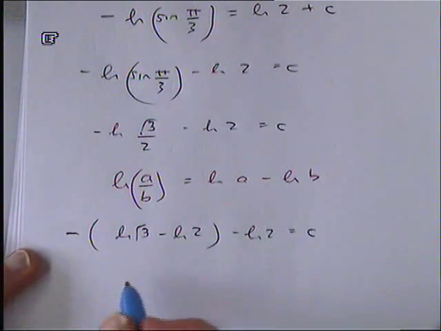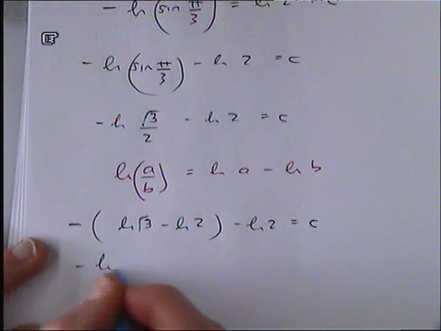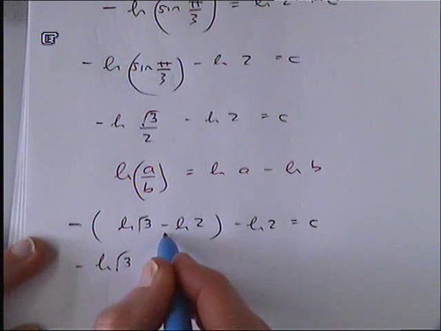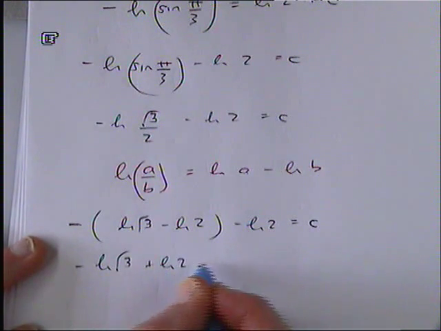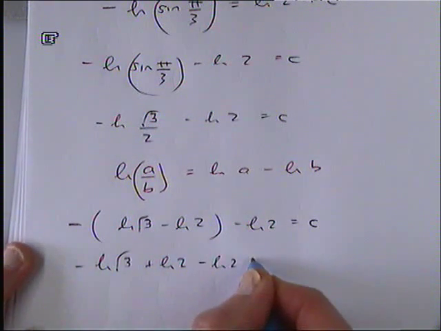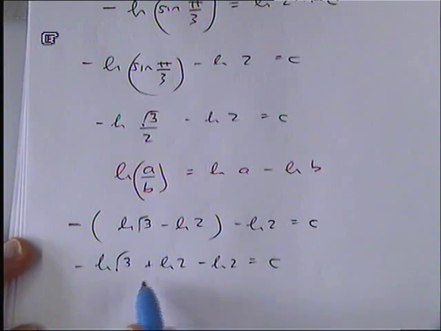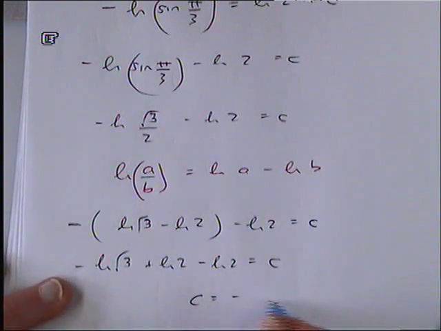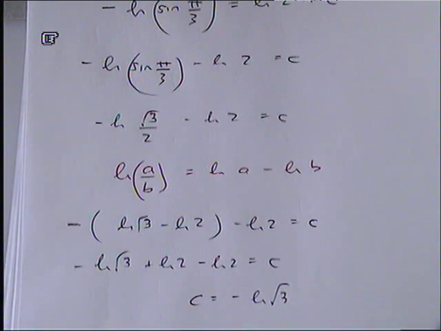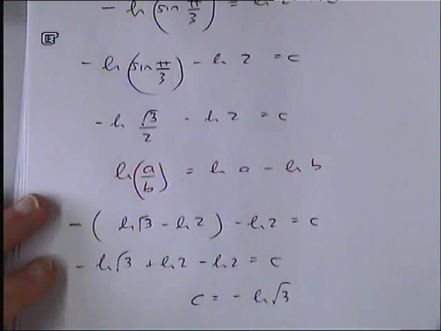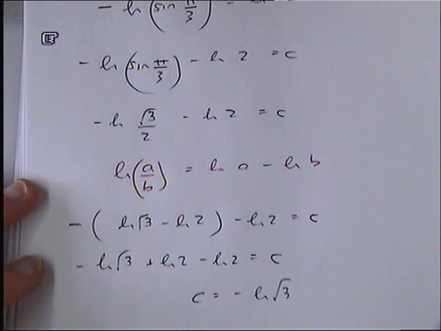So I will just write it out in full. I've got minus log root 3 minus minus, which makes plus log 2, minus log 2 equals c. The plus log 2 and the minus log 2 cancel out. C is minus log root 3. So I can now replace my c.